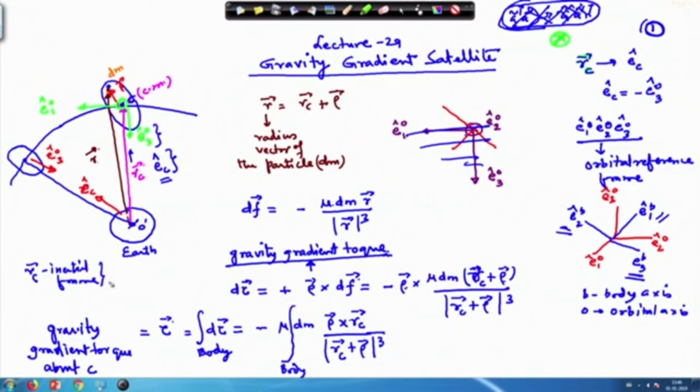Therefore, this E cap C we need to convert from this frame to the orbital frame. This will be a little long, so I will do it in the next class.